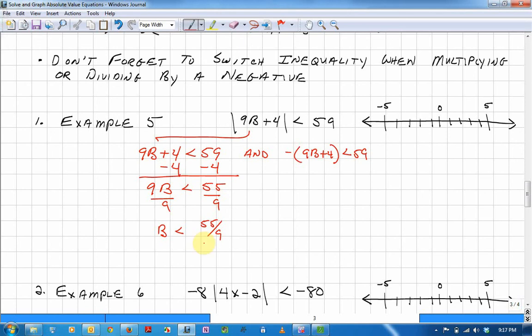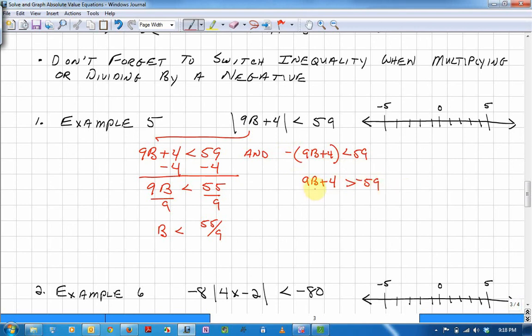Now let's do the other side. Remember, this is an AND, so the AND's going to carry on down. The first thing I'm going to do is get this negative off of this side. So if I divide both sides by -1, this 9b plus 4 will become positive. But when I divide by -1, the inequality will switch, and of course, the negative will move to the other side.